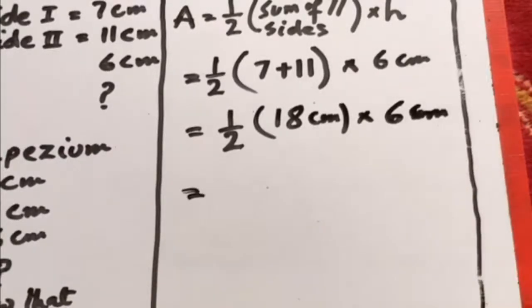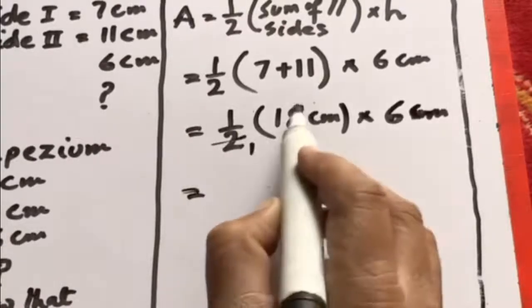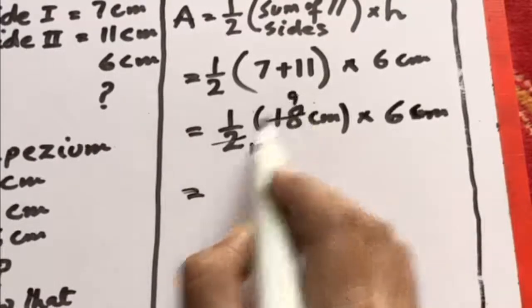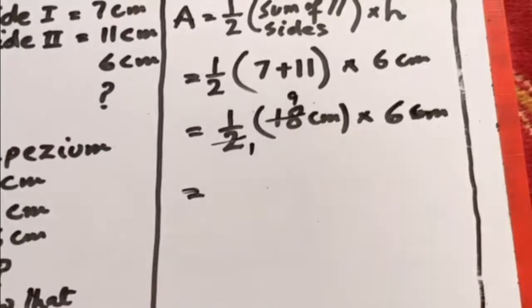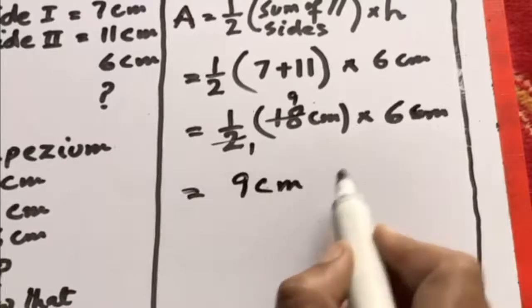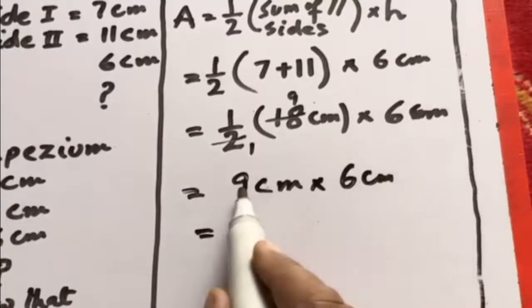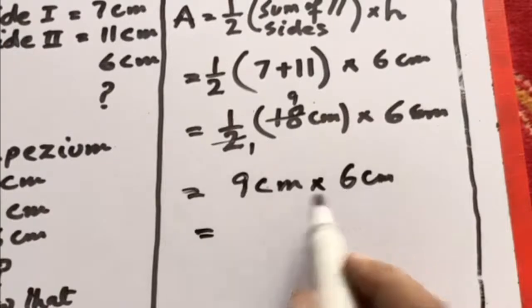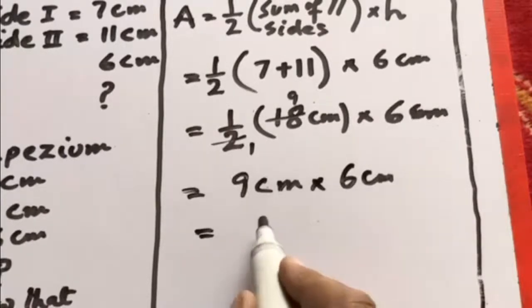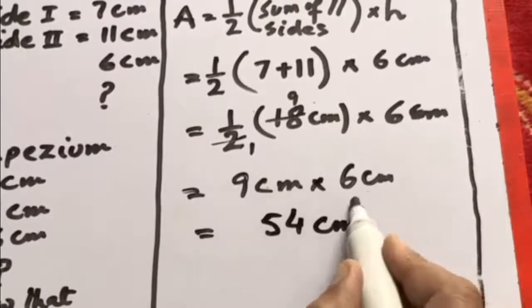Now by simplifying this, in this step 2 will cancel out 18 as 9, 2 9s are 18 centimeter. Now we will have 9 centimeter multiplied by 6 centimeter. As you see both the values are multiplying each other, so 9 6s are 54 centimeter square.